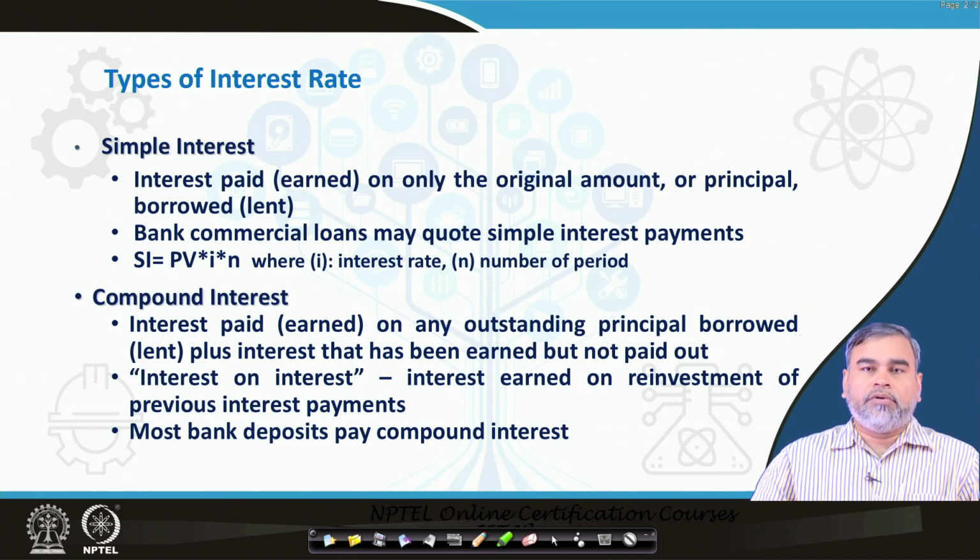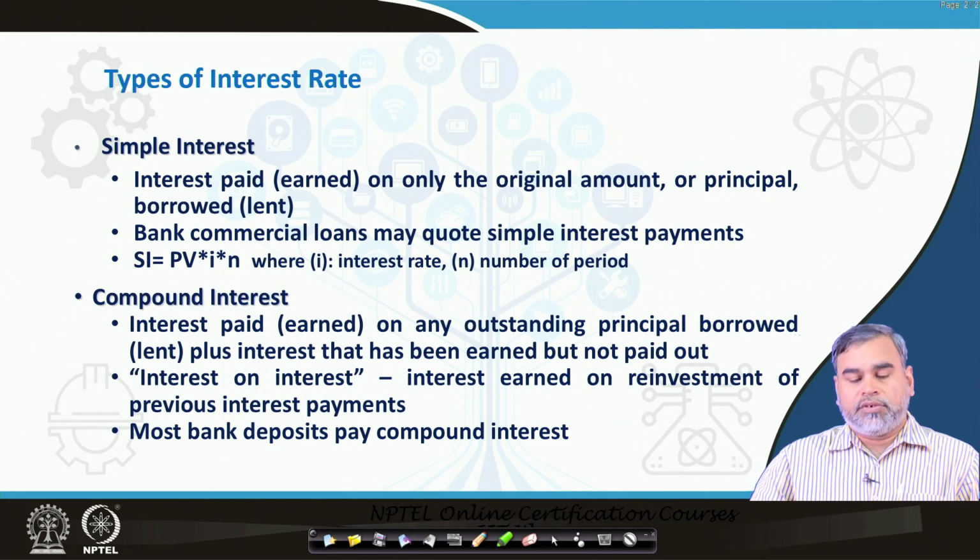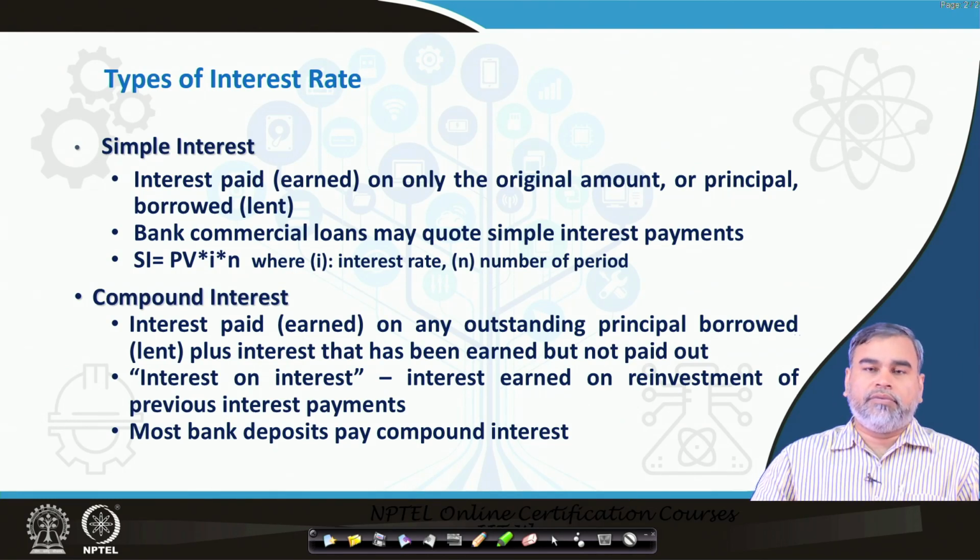For example, if you have borrowed 1000 rupees, the interest rate is 10% and the loan is taken for 5 years, then for the 1000 rupees, 10% means for one year you are getting 100 rupees, and if you are keeping the money for 5 years, you get 100 rupees multiplied by 5, that is 500 rupees.